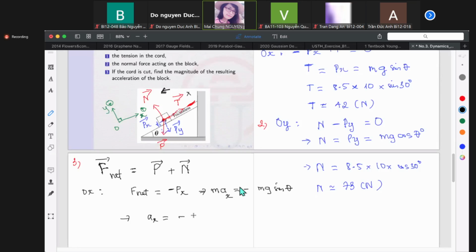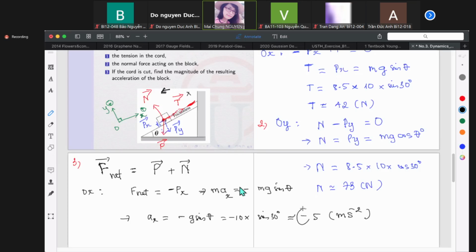It's equal to negative g multiplied by sin theta. So could you show the value? It's minus 5 with 30 degrees. How about the unit of As? Meter per second squared.